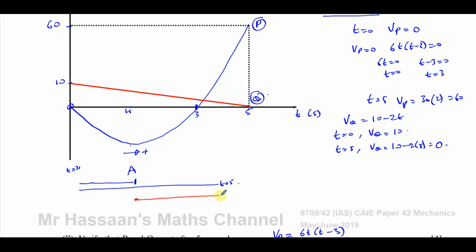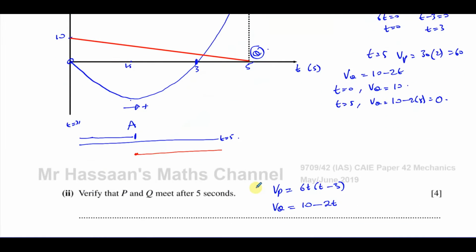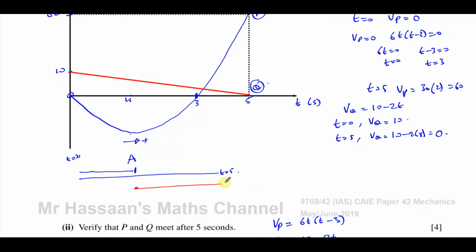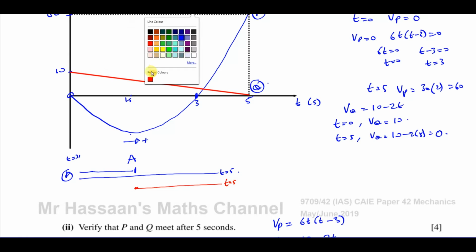But we have to show that at t equals 5 they have the same position. So this is the journey for P, and this one here is for Q.